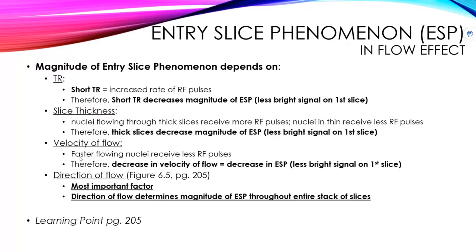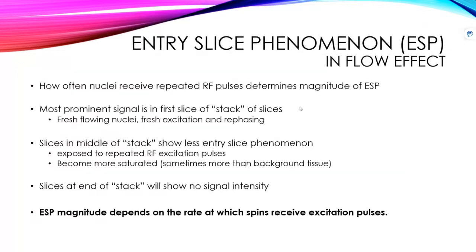Velocity of flow: the faster they're moving, the fewer pulses they're going to receive. So as the velocity of flow slows down, you're not going to have as much of that entry slice phenomenon. Going back to the slide beforehand, with entry slice phenomenon, the brighter signal happens to the spins that have not been exposed to multiple RF pulses.